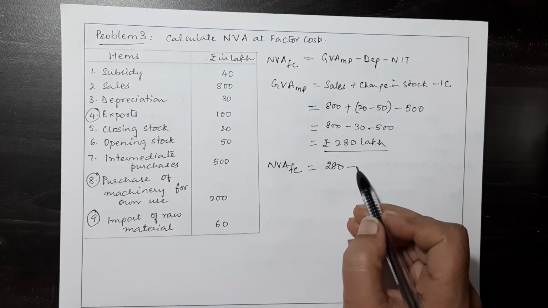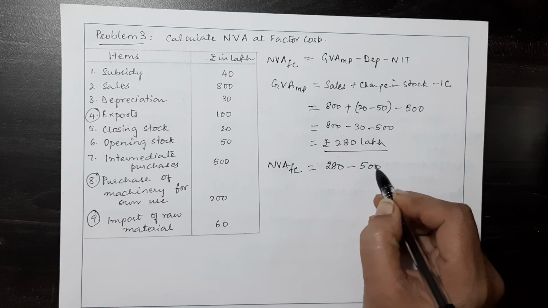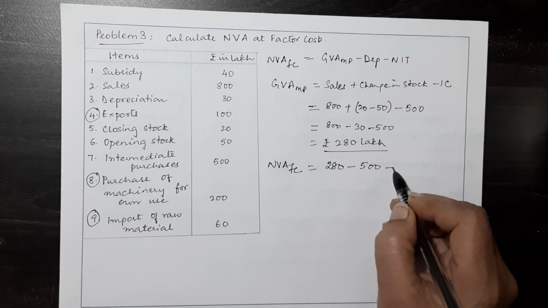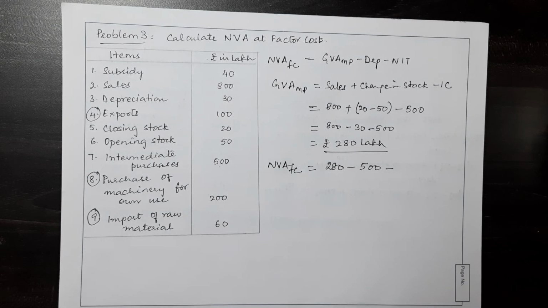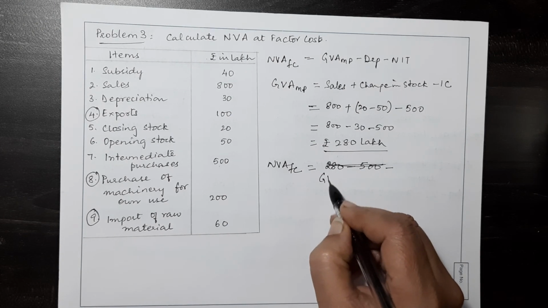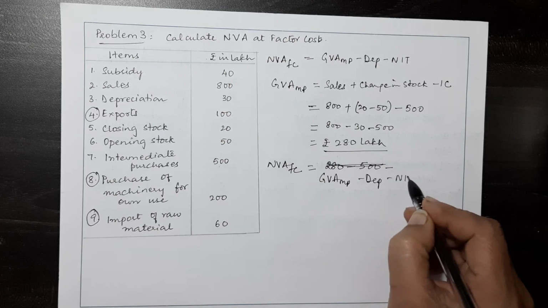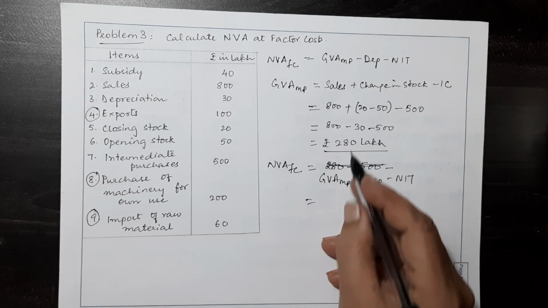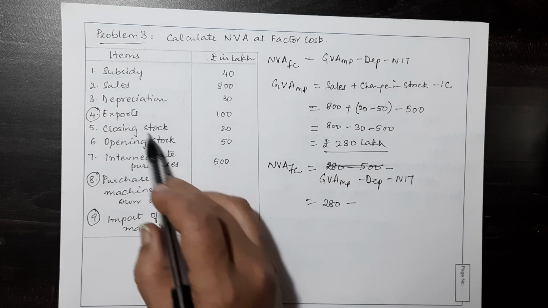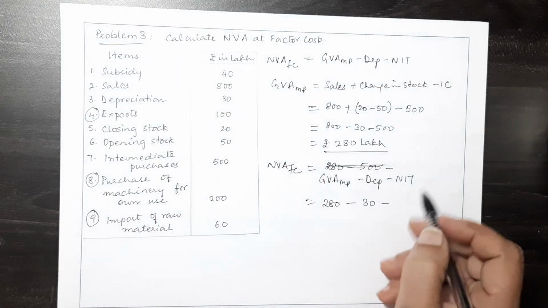So here 280 minus intermediate consumption, which is 500. 280 minus 500 minus, what will we do? Sorry, this is GVAMP. Let's write down like this, minus depreciation minus NIT. So GVAMP is 280 minus depreciation is here given as 30 minus net indirect taxes.